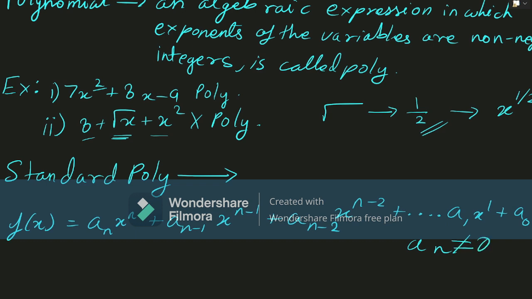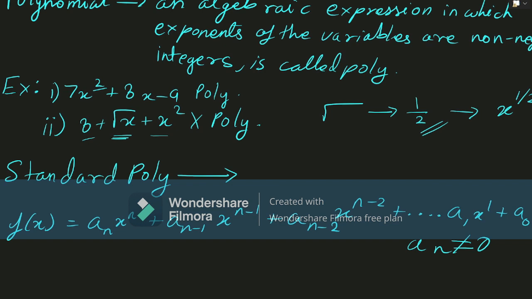Now let me explain this to you. Let x be a variable and n can be any positive integer, and a0, a1, a2 till an, like n numbers, be constants of real numbers. Then the standard form of the polynomial is this.